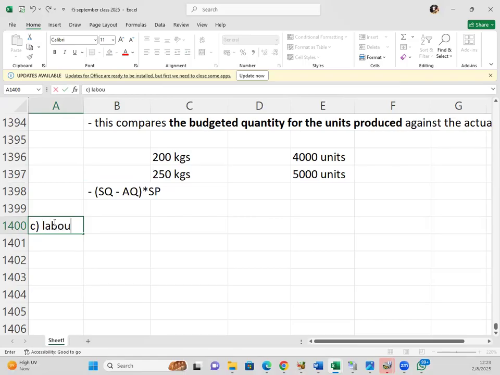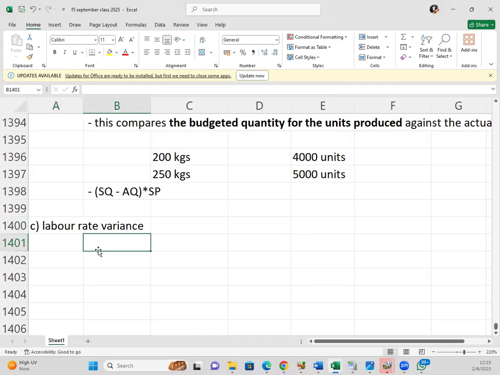For labor, it's the same thing, only that for labor, we don't call it price, we charge labor at a certain rate. So we have labor rate variance. The labor rate variance compares how much we were planning to pay for labor against what we actually paid.